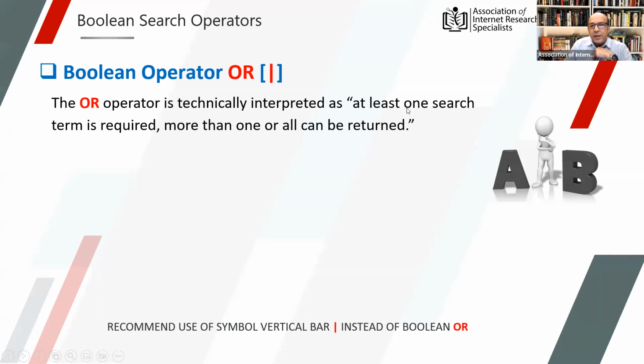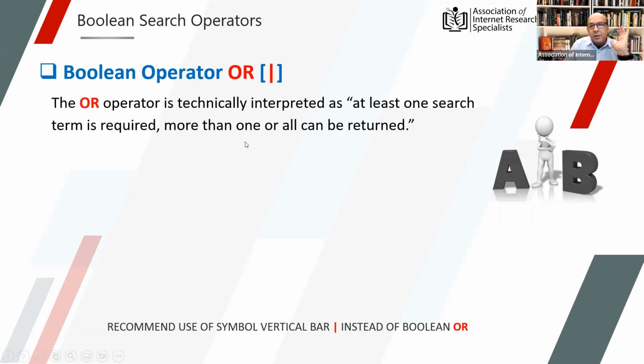So as a choice, at least one is required. And this is conventionally accurate for anyone to think of OR as a choice. But then it goes forward and says more than one, meaning more than one can be found or all can be returned.